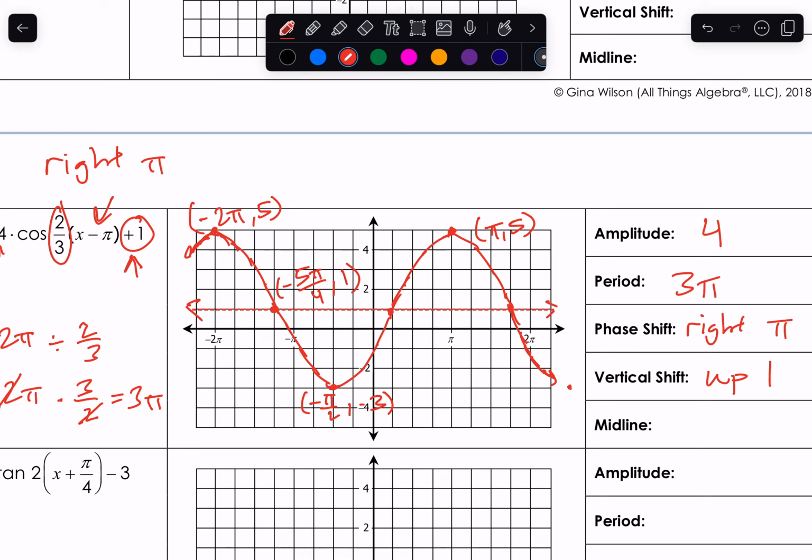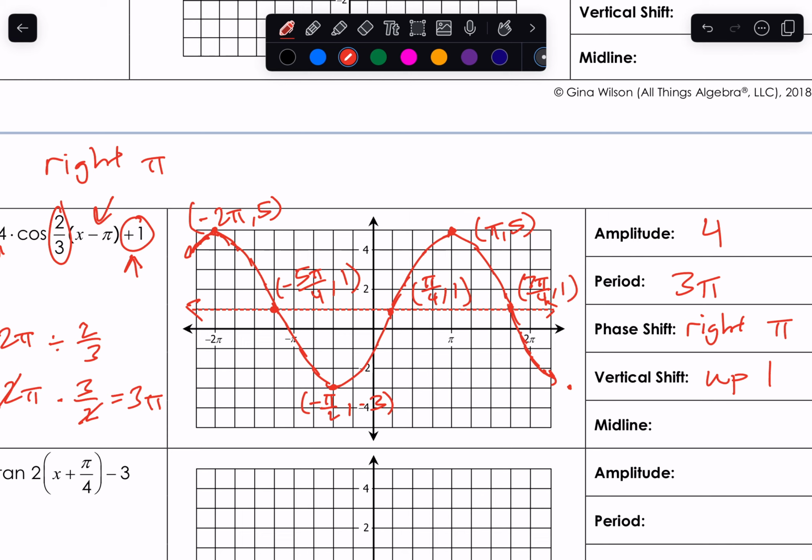And this point here is pi over 4, positive 1. And this point right here is 7 pi over 4, 1.